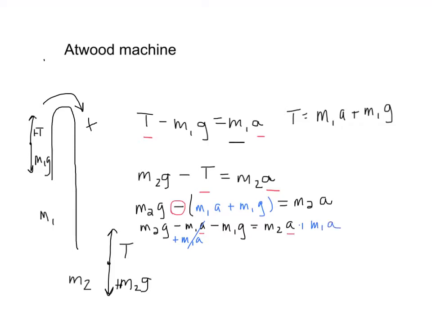And now I can see acceleration is in both pieces, so I can actually factor out an acceleration. And this is all equal to m2g minus m1g. And finally, divide by m1 plus m2. You could have factored out a g. It would have been identical.